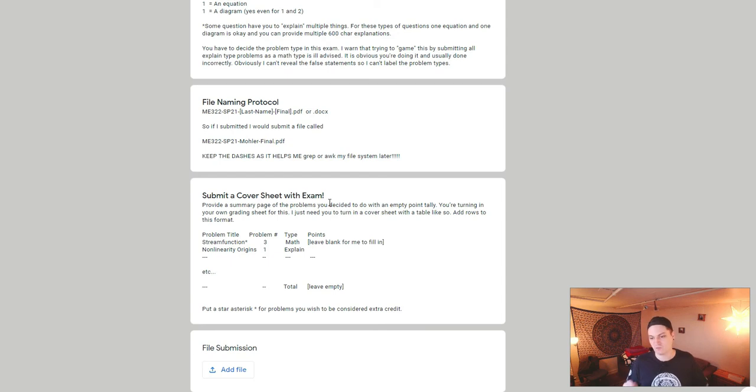Submit a cover sheet with your exam. This is important because since you're picking 8 problems, the first page should be a columns and rows type cover sheet. The header would be problem title, problem number, the type of problem it is, and then the points. Leave the points blank for me to fill out, and I'll send it back to you.